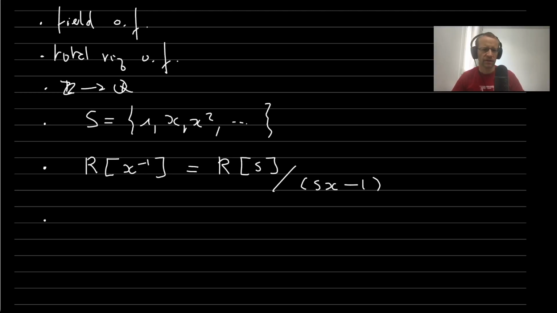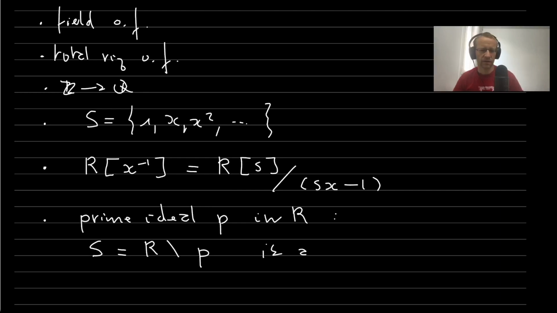Another one is if we have a prime ideal P in the ring R, then the set of all elements in the ring without the prime ideal is a multiplicatively closed set by the definition of prime ideal.